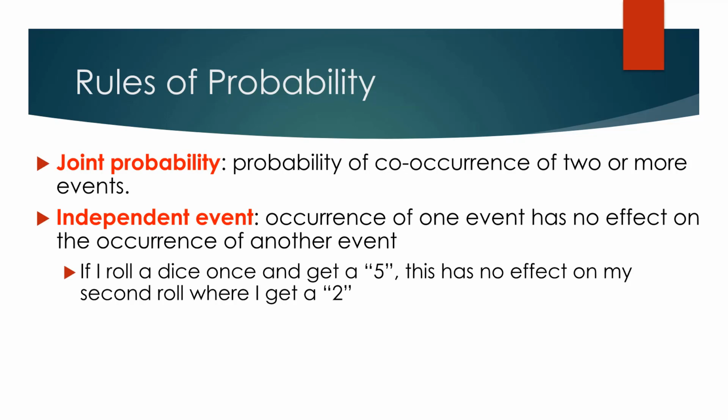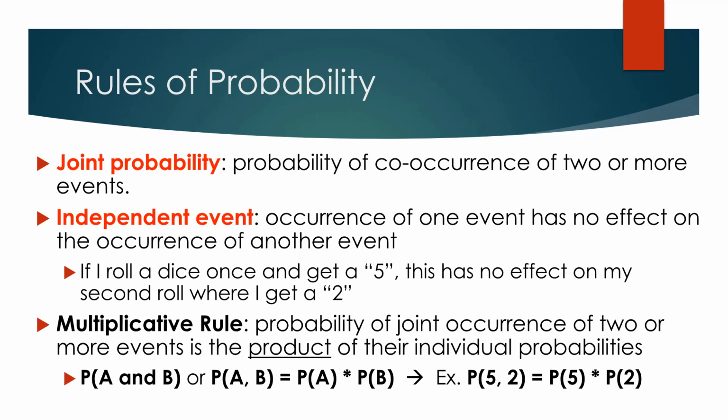Now, when you're in a situation like this, where you've got independent events, and you want to know what's the probability of these independent things happening together, you would use the multiplicative rule, meaning you are going to multiply these separate probabilities together. So again, pay special attention to the notation here. What is the probability of A and B, or notated with what's the probability of A comma B?